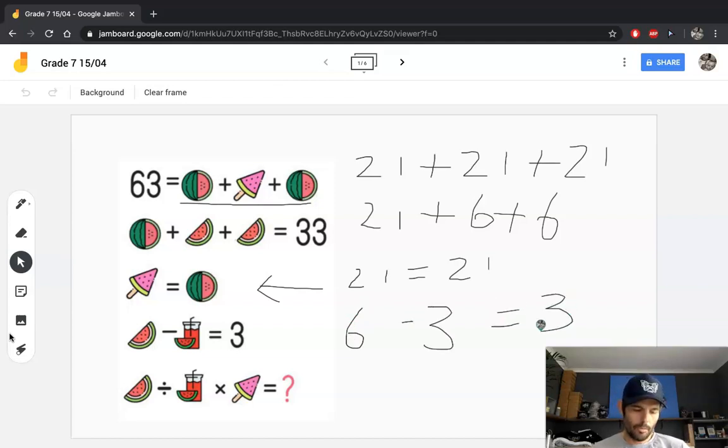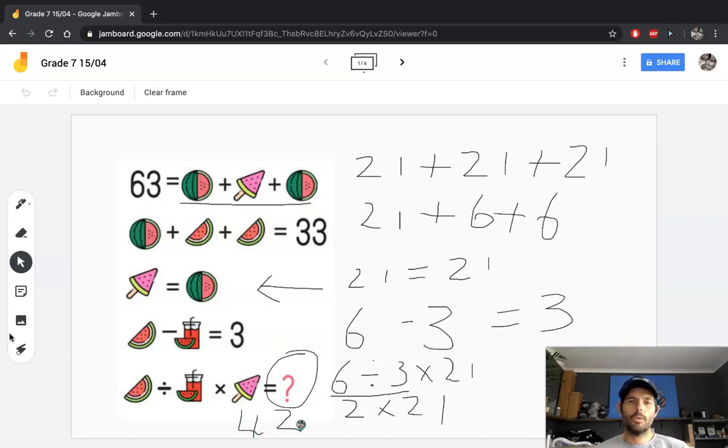And then right at the bottom, I've got 6 divided by 3 and multiplied by 21. We do the 6 divided by 3 first as order of operations. Division comes before multiplication. That's going to give me the 2 multiplied by 21, and the question mark is therefore going to be 42.